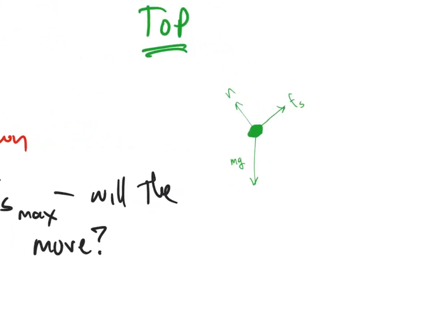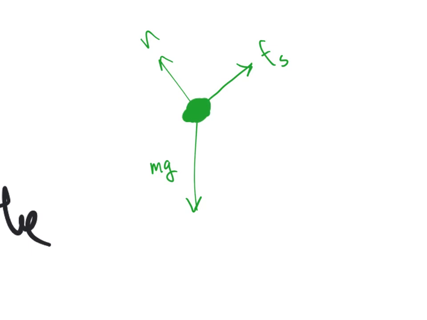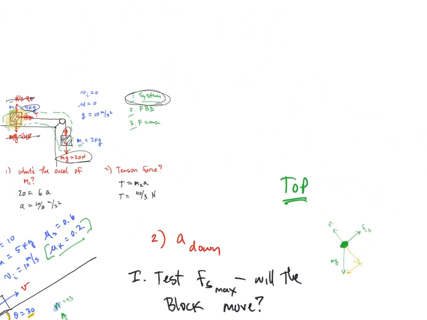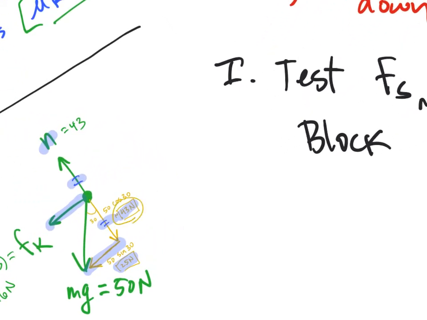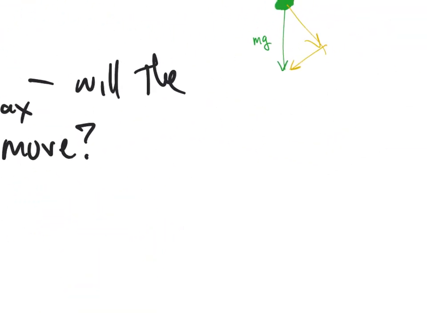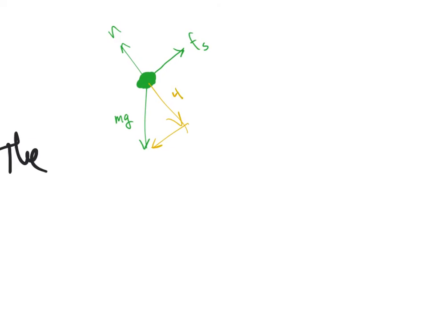And to do that, if I zip back onto this, the way I'm going to determine that is by, again, splitting up the mg into components. We've already done that. We did that over here. We had, if you'll remember, 43 was this component, and we had 25 as that component. So I'm going to use those same values, 43 and 25.